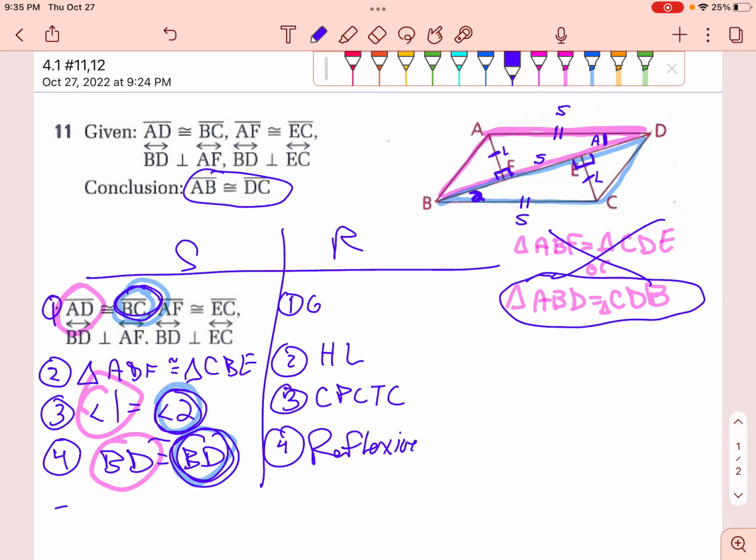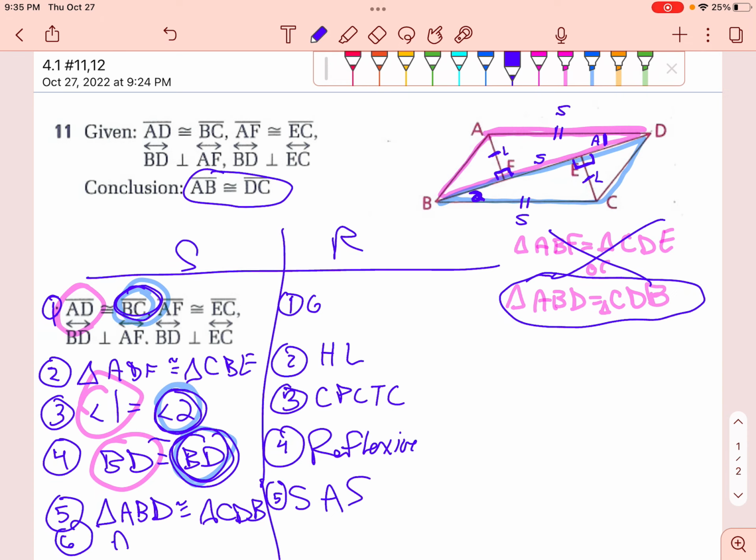So now I have enough information to say triangle ABD is congruent to triangle CDB. And my reason is side, angle, side. And if those triangles are congruent, then their parts, like AB and DC, have to be congruent.